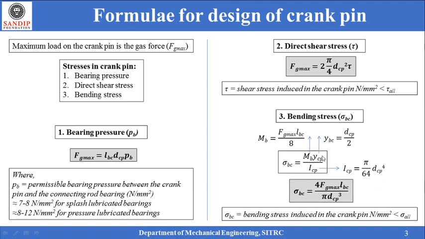After substituting all these values, the simplified formula is 4 Fg max LBC upon pi dCp cube. Again, the calculated value of LBC and dCp are inserted in this formula to calculate the bending stress. The bending stress induced in the crank pin has to be less than sigma allowable, and then we can say the design of crank pin is safe.